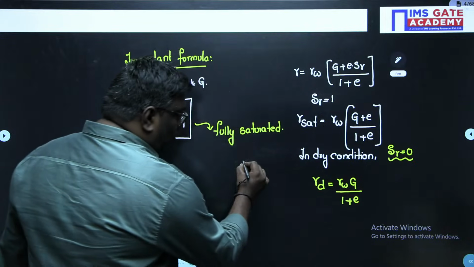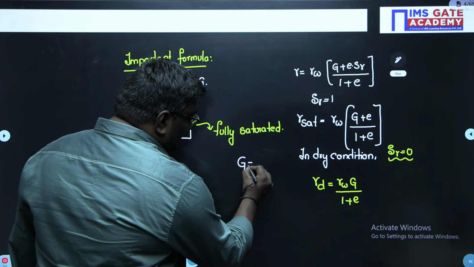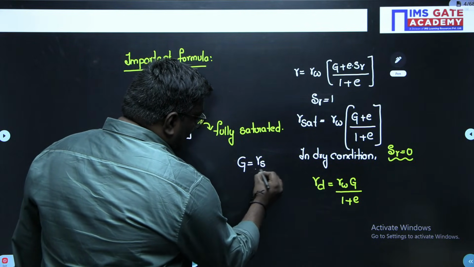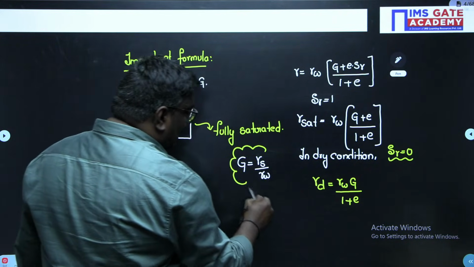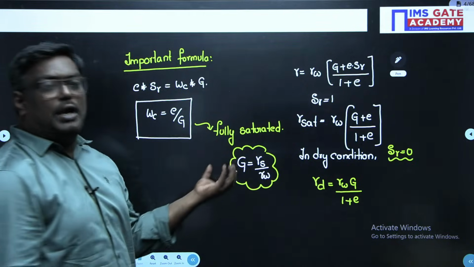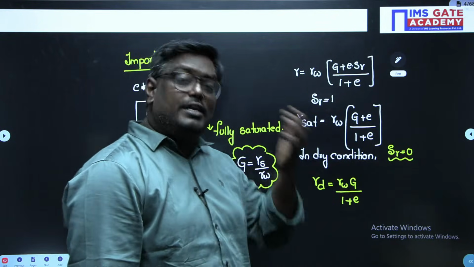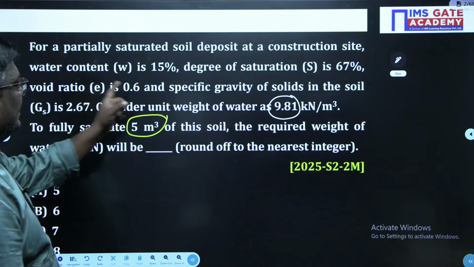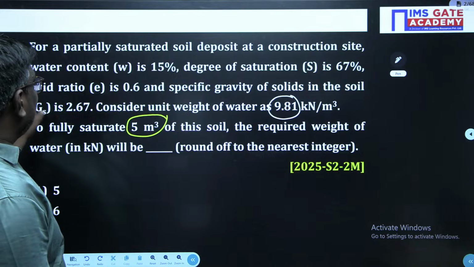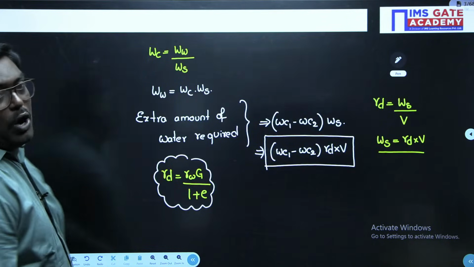True specific gravity is given as gamma_s upon gamma_w, which we call the unit weight of solids to the unit weight of water. Now, here the degree of saturation is 60% and the void ratio is 0.6.